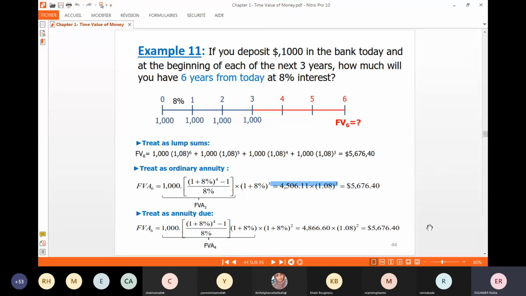You will find the same result here. Applying the formula of an ordinary annuity or an annuity due, if you respect the future value date, you will find the same result as the one when you use the future value of different lump sums. Is it clear here, guys?